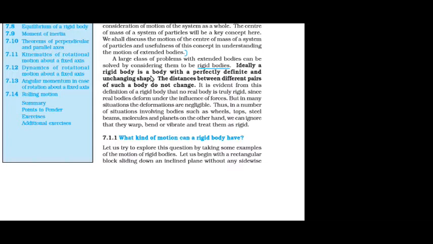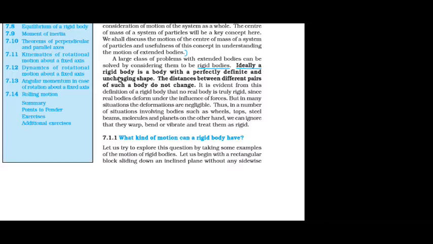Ideally, a rigid body is a body with a perfectly definite and unchanging shape. The distances between different pairs of particles of such a body do not change. So again, let us go through the definition. Let us underline it.